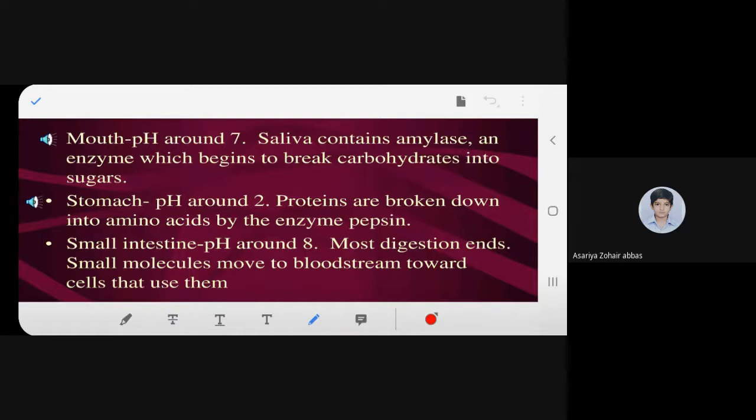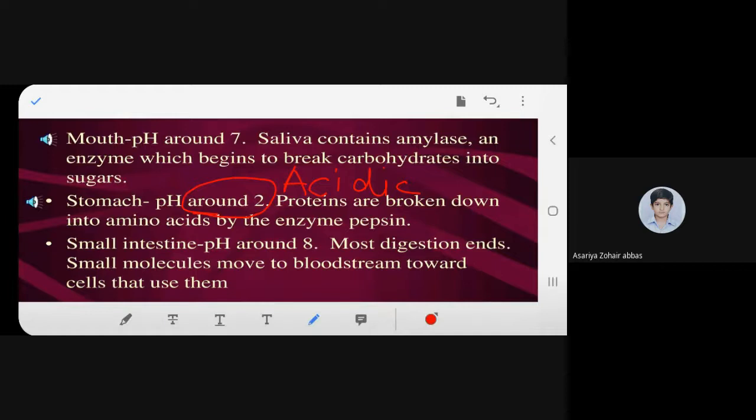Now, if the pH is 2, what is it? Acidic. The pH is 2, it is acid. Now what is happening in the stomach?